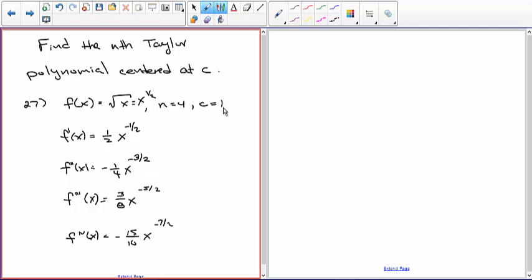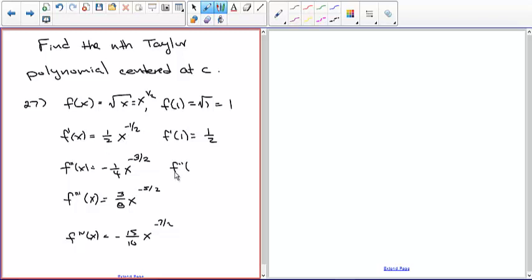Another reason for choosing 1 here is that it makes it easy to evaluate these derivatives, because 1 to any power is 1. So in the first case, f of 1 is going to be the square root of 1, which is 1, and f prime of 1 is going to be 1/2, because 1 to the negative 1/2 is 1.